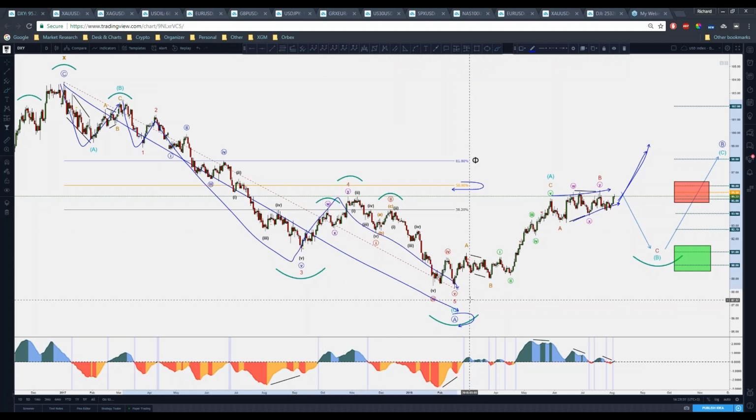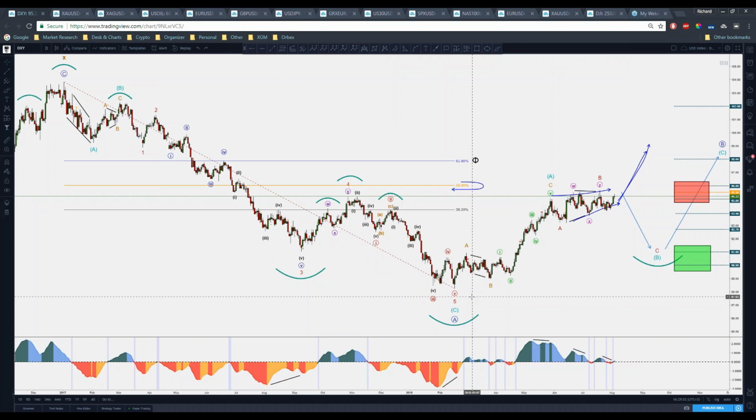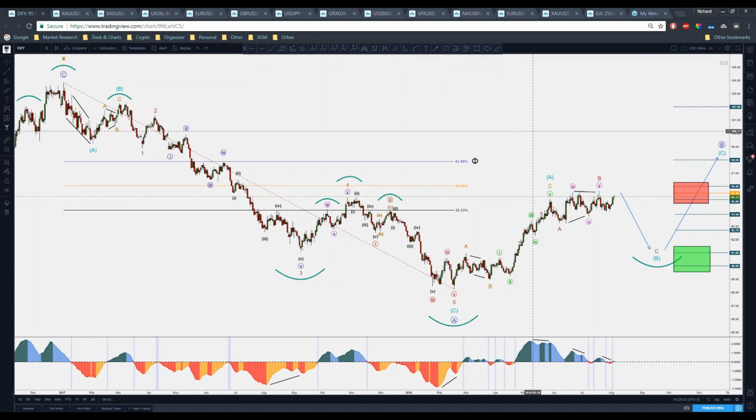So we have a five swings sequence in intermediate C, turquoise, this one, and three wave sequence in A, three wave sequence in B. However, this could be a leading diagonal, so it can have 5 waves inside it as well. A, B, C, easy to say.